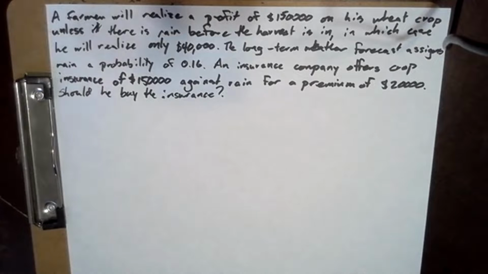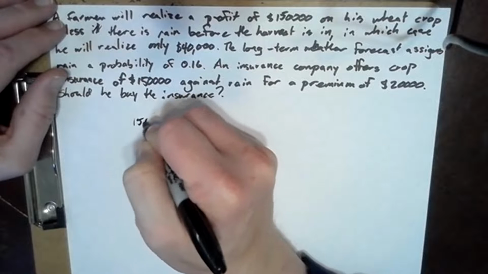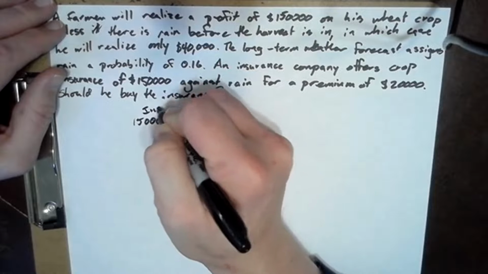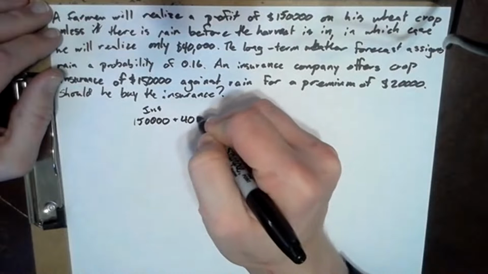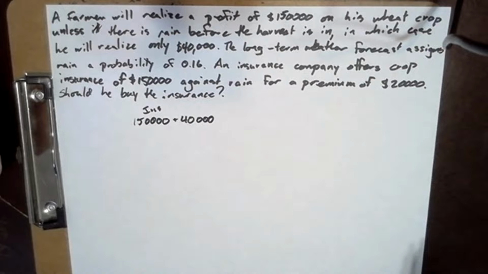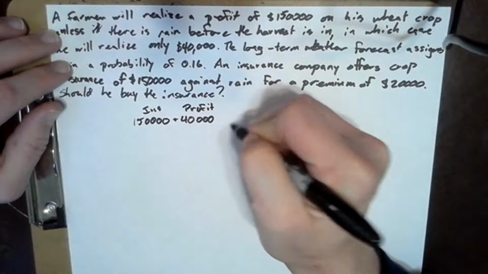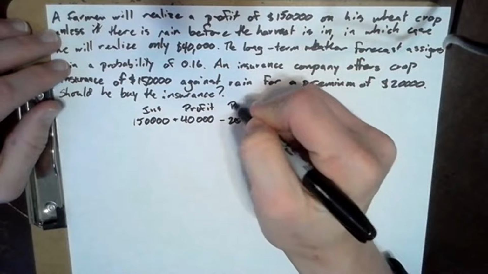So if he buys the insurance and it rains, he gets $150,000 for the insurance plus $40,000 for the profit from the crops and minus $20,000 for the insurance premium.